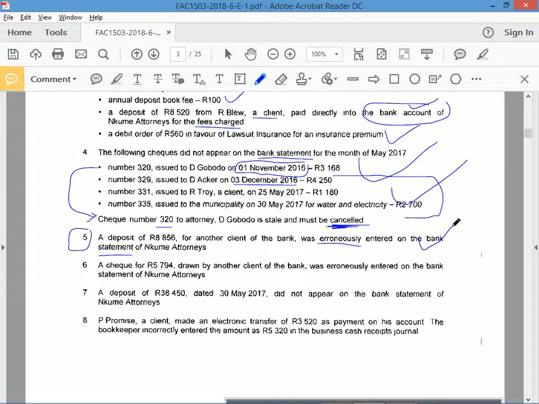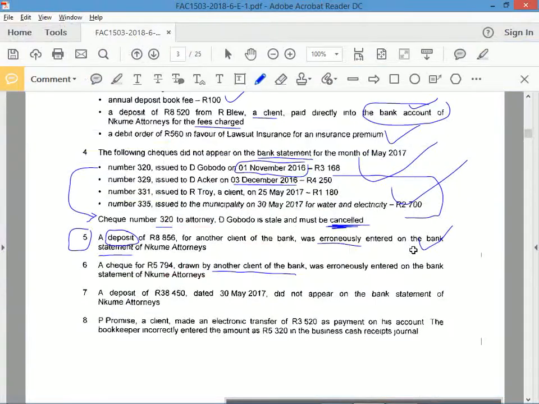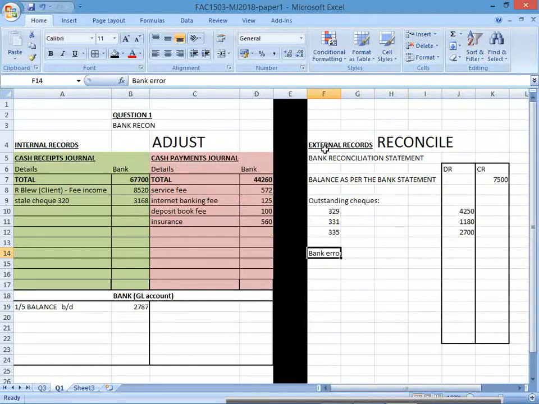Tick. Next. A check for 5794 drawn by another client of the bank was erroneously entered on the bank statement. Oh, hold on. This was a deposit. So actually, you wouldn't mind that error. Okay, so yeah, let's change this. Deposit bank error. Let's be specific.